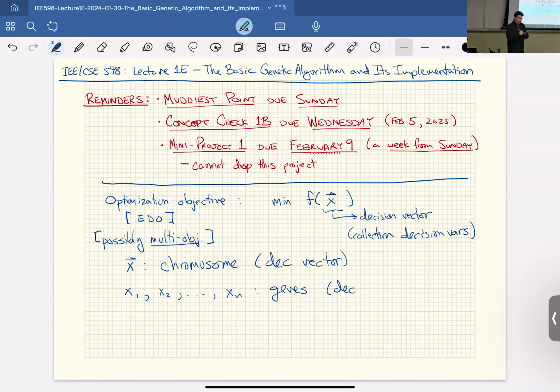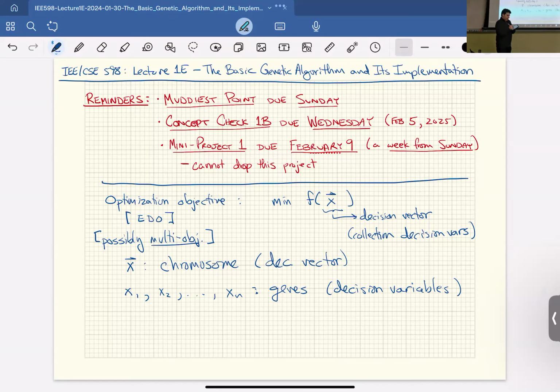And those are our decision variables. And then each possible value of the genes is going to be called an allele.